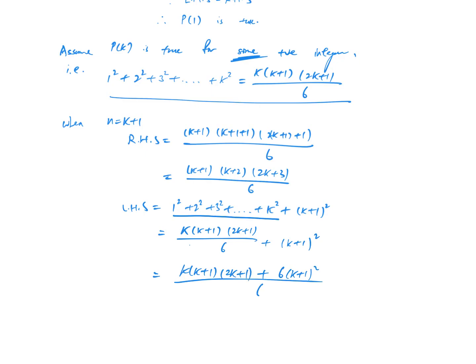One reminder, don't expand it. I find we have a common factor, k plus 1. You can take it out. The first term remains k times 2k plus 1. The second term remains 6 times k plus 1.